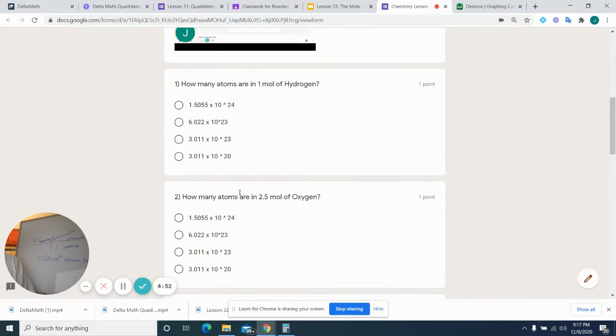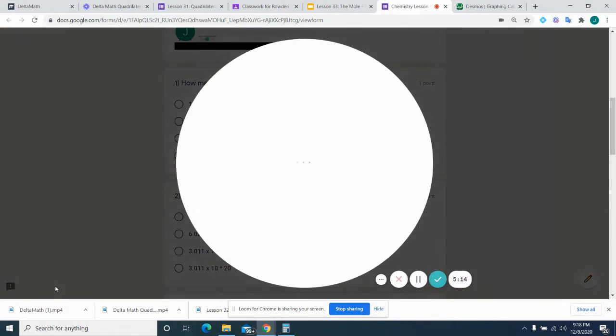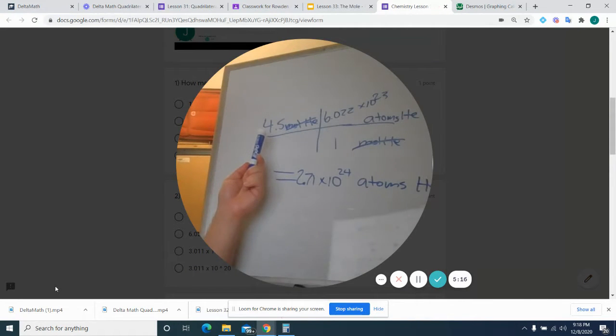Okay, so when you do this, I'm not going to take time to do every single one of these problems. I will make sure that you're doing them right. 1 mole of hydrogen, you end up doing 1 mole times 6.022 times 10 to the 23rd. This is your answer right here. You would set up what I have here, except instead of a 4.5 right there, you'd have a 1.